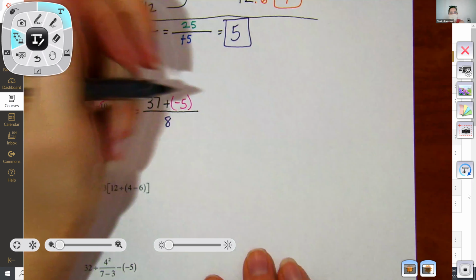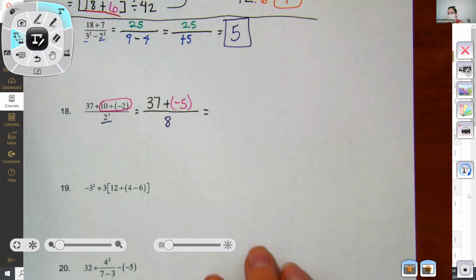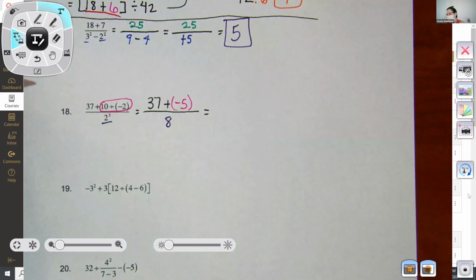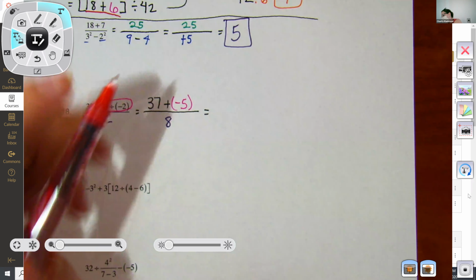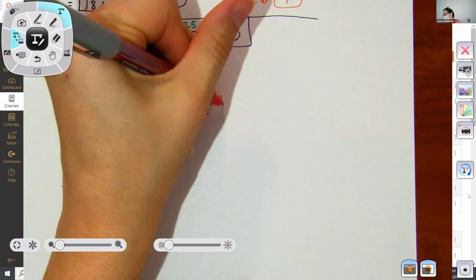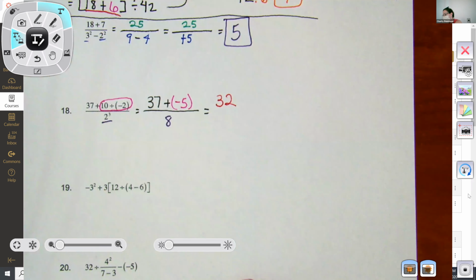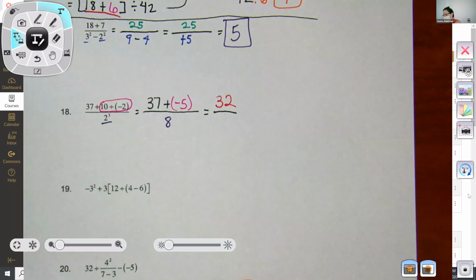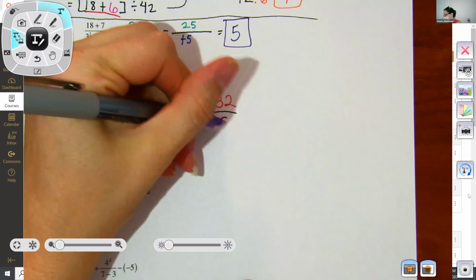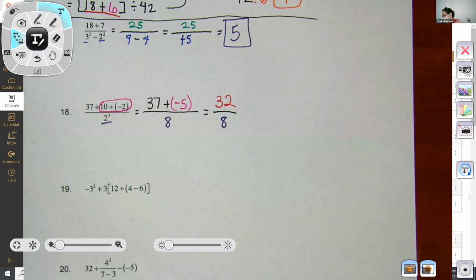And then 37 plus -5 is the same thing as saying 37 minus 5, which equals 32. So now we just have 32 over 8, or in other words, 32 divided by 8, which equals 4.